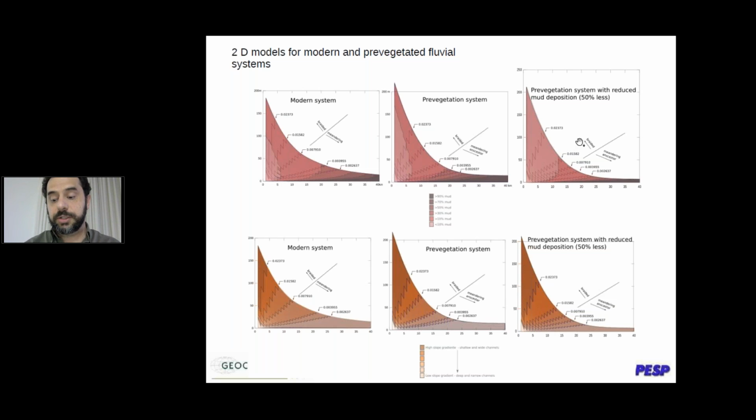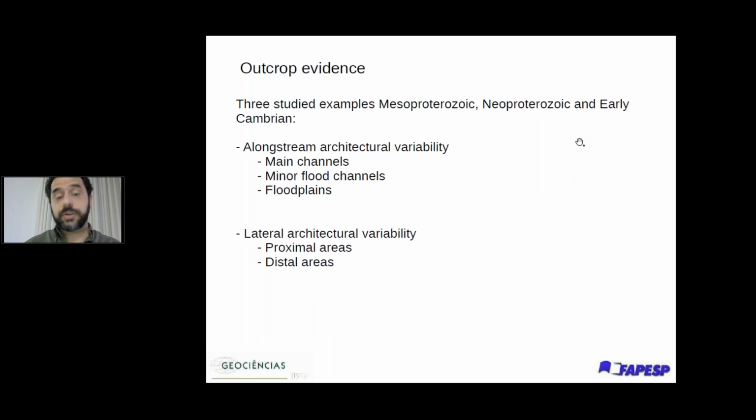But of course, there are other differences that we wanted to test. In order to recognize the actual variability, both along stream and across in a transverse direction to the channel, we studied 3 different successions here, one of Mesoproterozoic age, one of very late Neoproterozoic, and another of early Cambrian age.